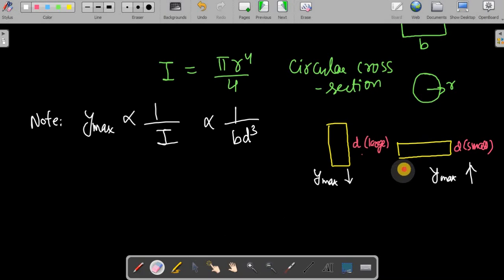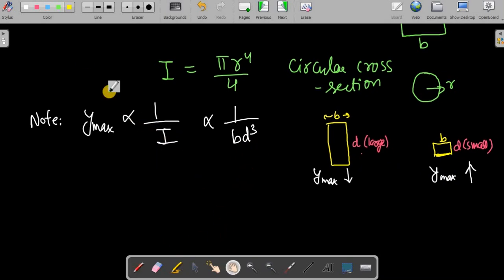Here I keep B the same, but D I have decreased like this. So B is the same but D is smaller now, so definitely y max is going to increase.